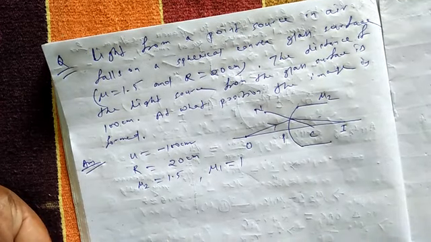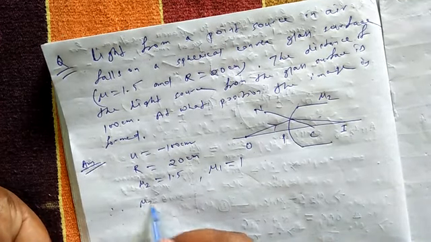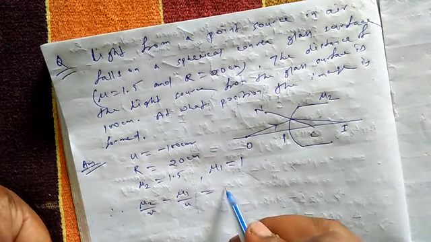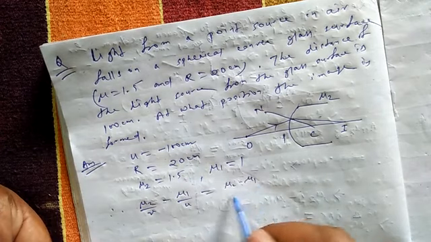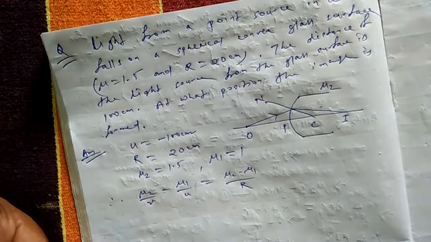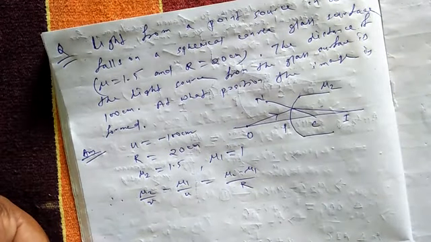Now we will apply the formula mu2 by v minus mu1 by u is equal to mu2 minus mu1 divided by r. So refraction from rarer to denser medium, we have formula mu2 by v minus mu1 by u is equal to mu2 minus mu1 by r.